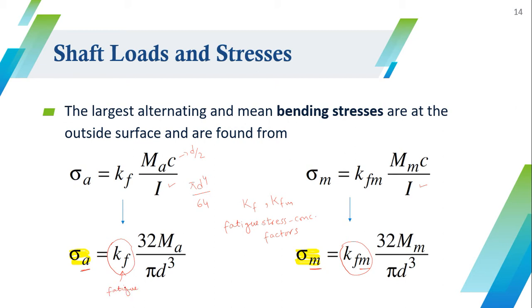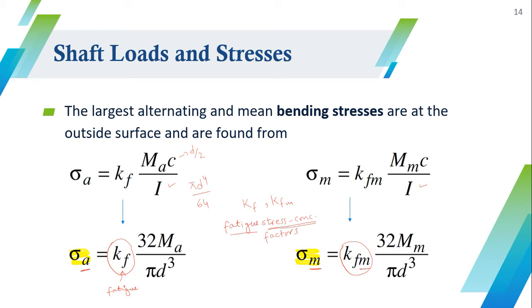As we earlier discussed in the theory, we have the phenomena of stress concentration due to change of cross section. If the shaft is not plain, if it is a stepped shaft, or it has a change of cross section, we have stress concentration. And then we also have the phenomena of fatigue due to time varying stresses.